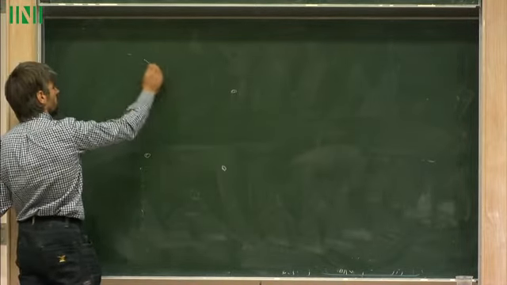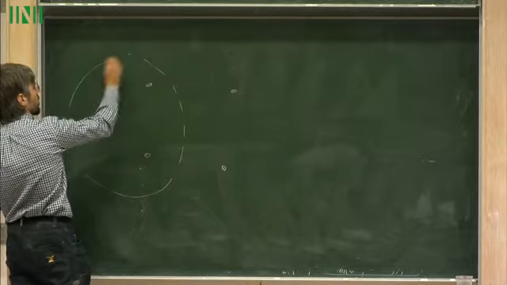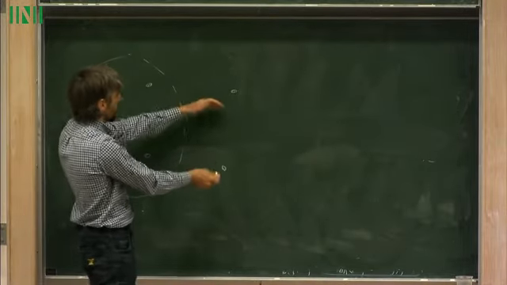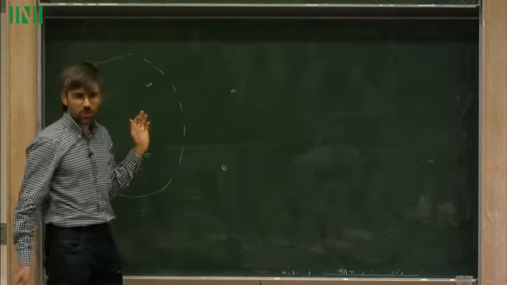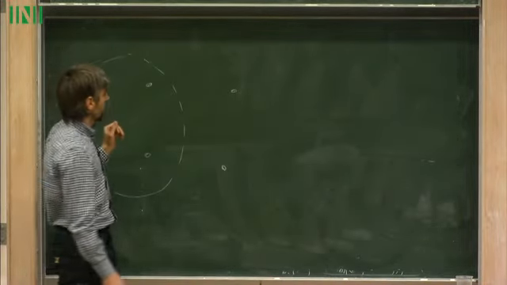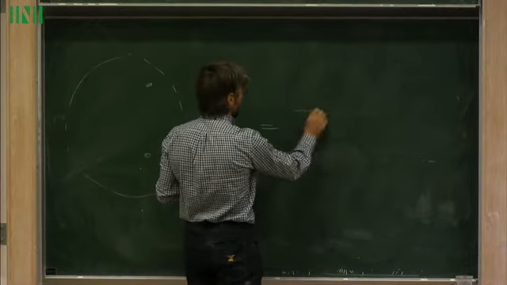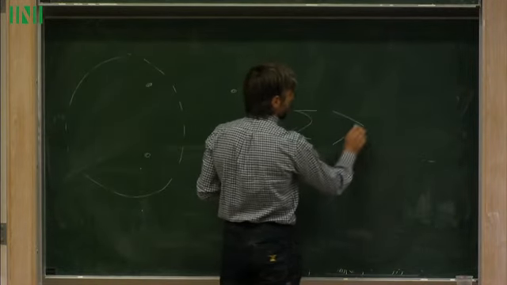But we can do it in 2 different ways. We can take a sphere which separates these 2 operators from these 2 operators, use OPE here and here, and then we get one expansion for this 4-point function. So we get a sum over k, and we write it schematically like this.